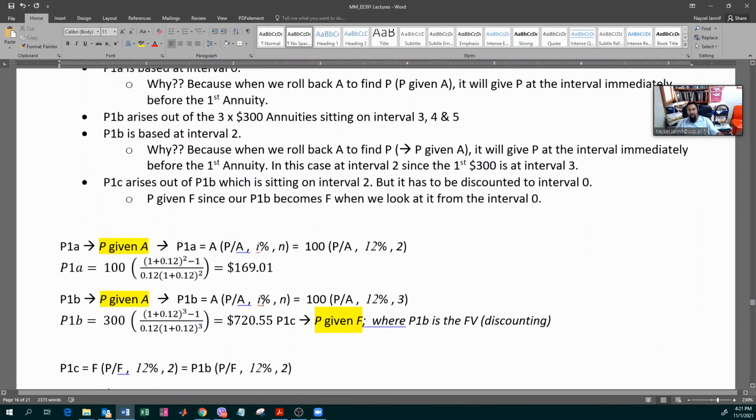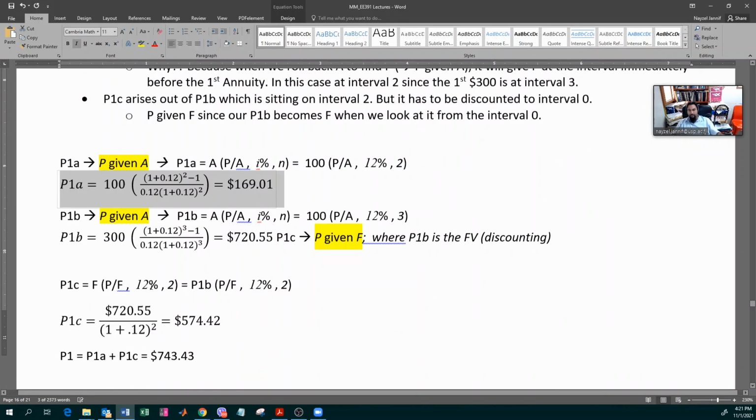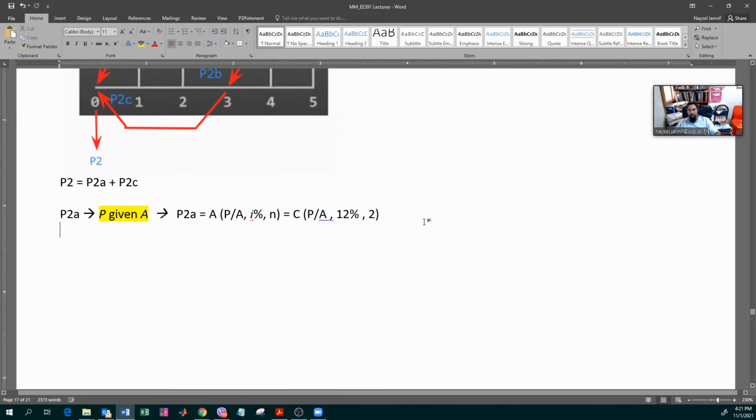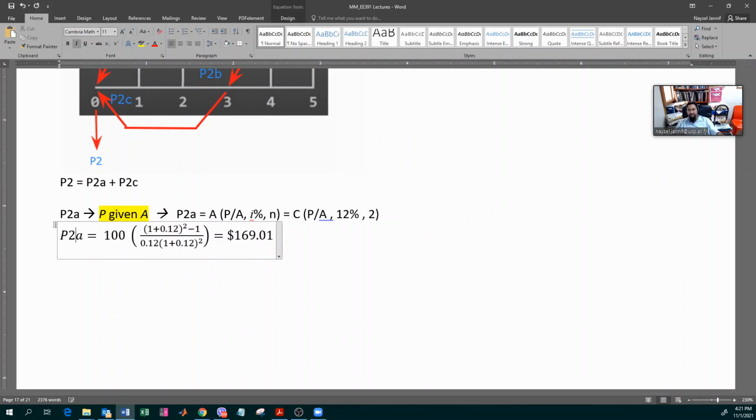So let's now go ahead and calculate. P2A is equal to C times, 1 plus, all right, everything is the same. Can somebody tell me, as a function of C, what do we get over here?